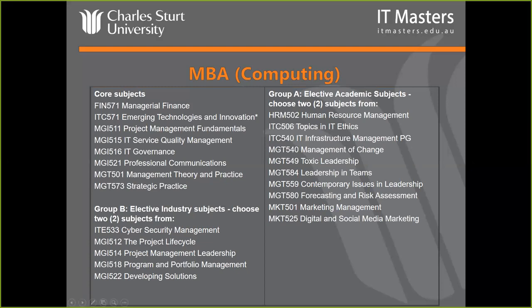I mean, that MGI 522 is an interesting one. It's actually developing solutions, really sales solutions in terms of what's the leading edge stuff in how people sell solutions into a company. So you might have to convince the board that you want to do such and such. This would look at how you would do that, some of the techniques.